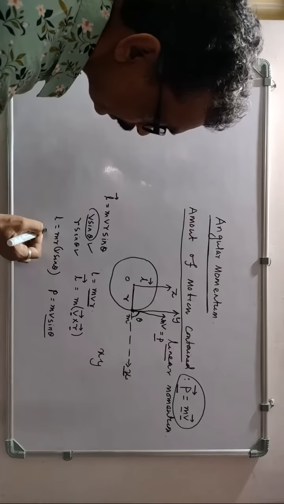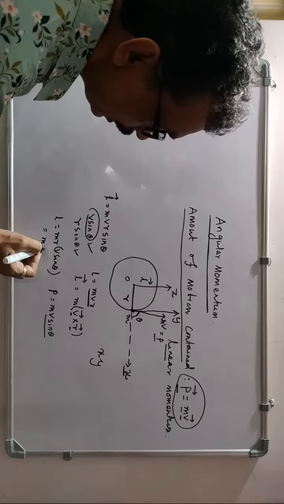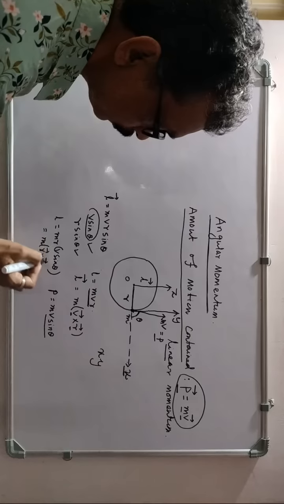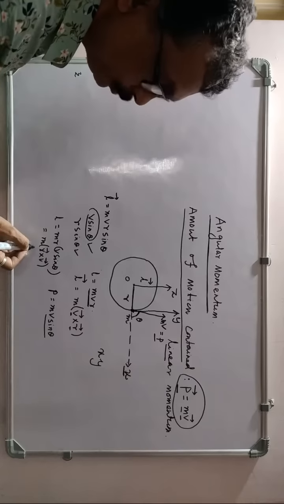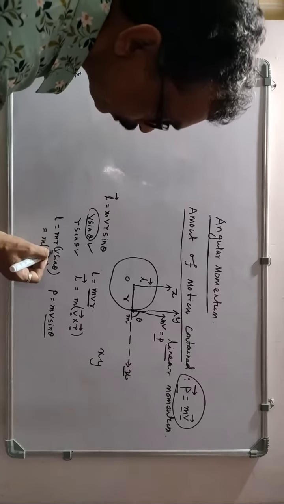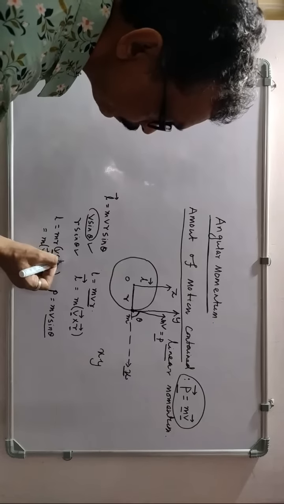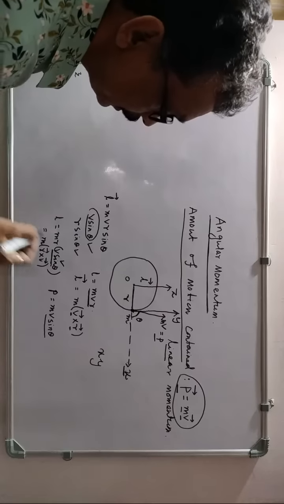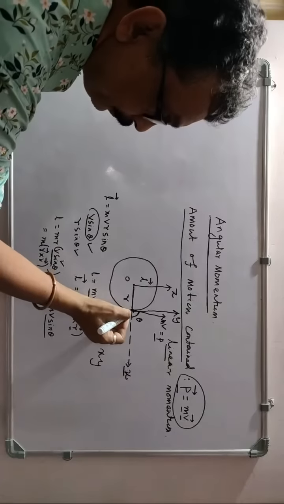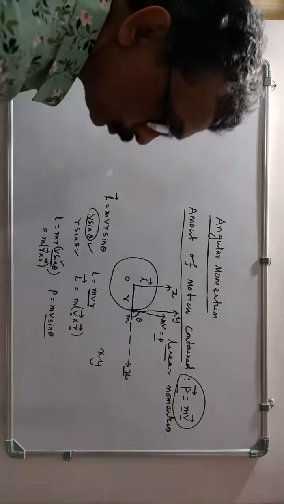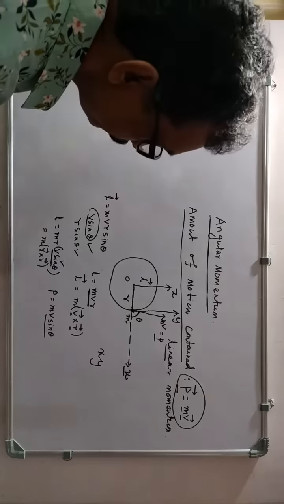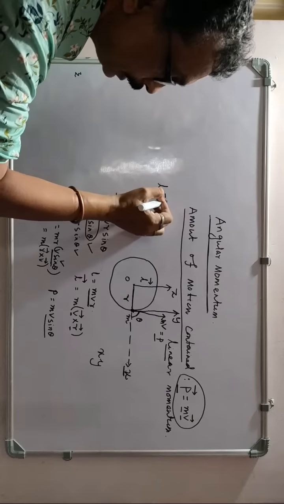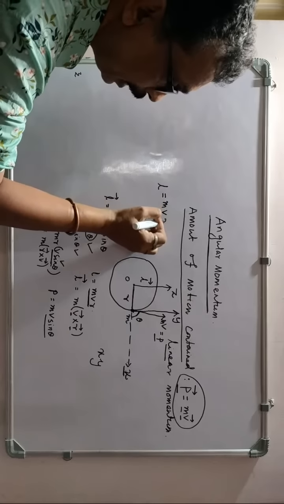Ultimately, this will be equal to m into r cross v. The final result will be same. But when velocity is changing, you take v sine theta component or magnitude of v sine theta. If the velocity is fixed, that means the motion is uniform, you take r sine theta. You represent L as m v r sine theta.